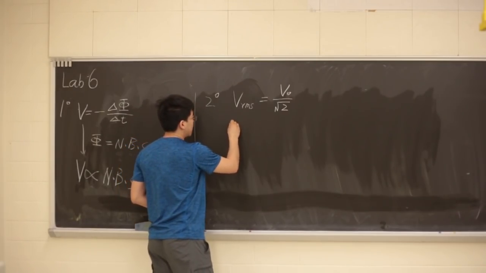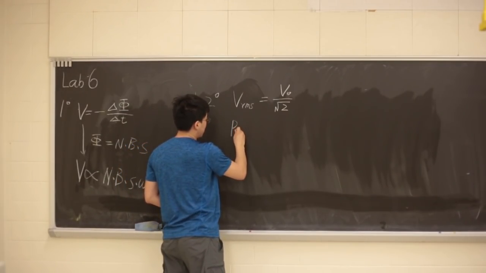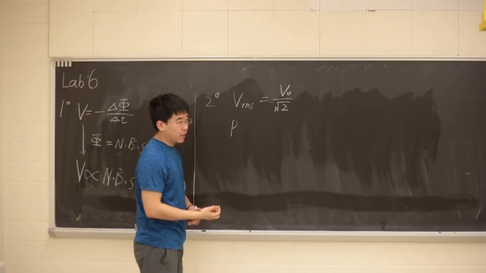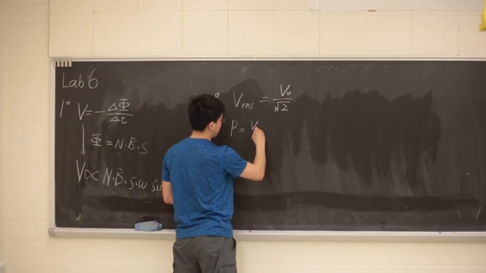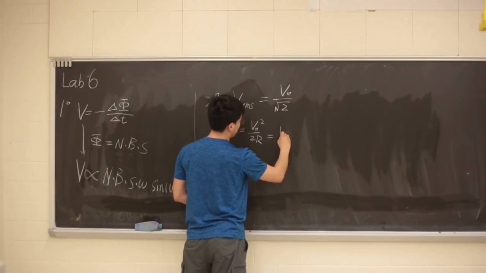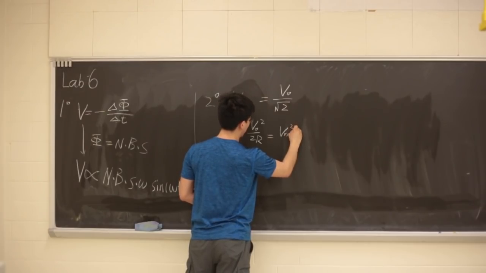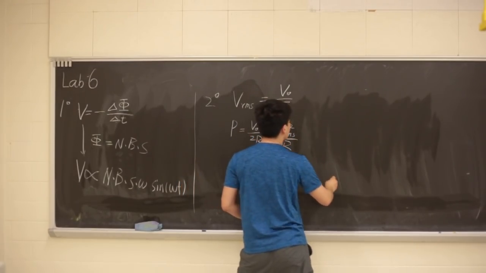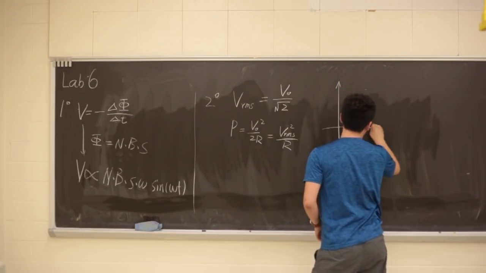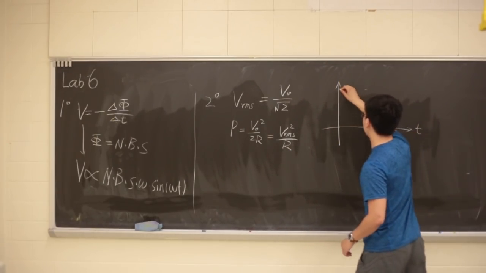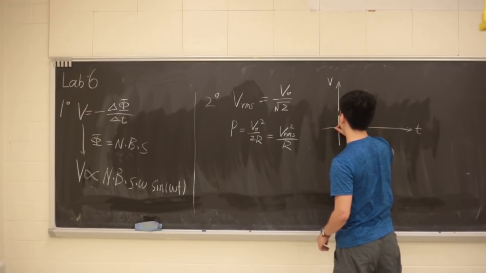So for the AC power supply, the power is equal to V naught squared over 2R, or V RMS squared over R.